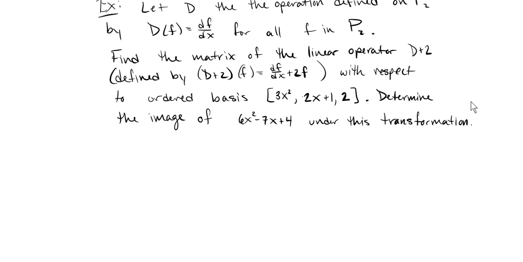So all we're saying is first, here we have something in the actual domain, P2. We're really trying to apply this transformation to see what it produces in the codomain.